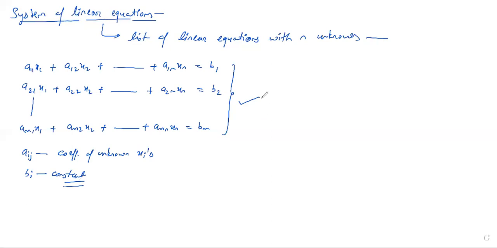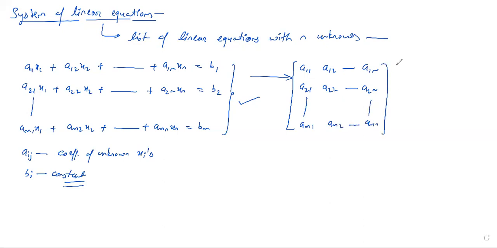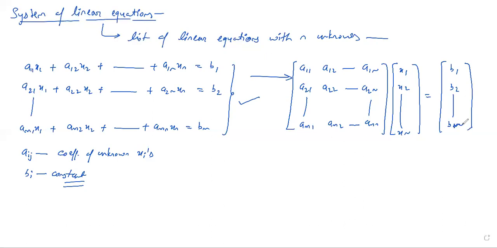For writing this system into the matrix format, we'll take out matrices: write down all the coefficients of these unknown xi's in the matrix format like a11 a12 to a1n, similarly a21 a22 to a2n, going on am1 am2 to amn, and another matrix which is x1 x2 to xn, and that is equals to b1 b2 to bn.